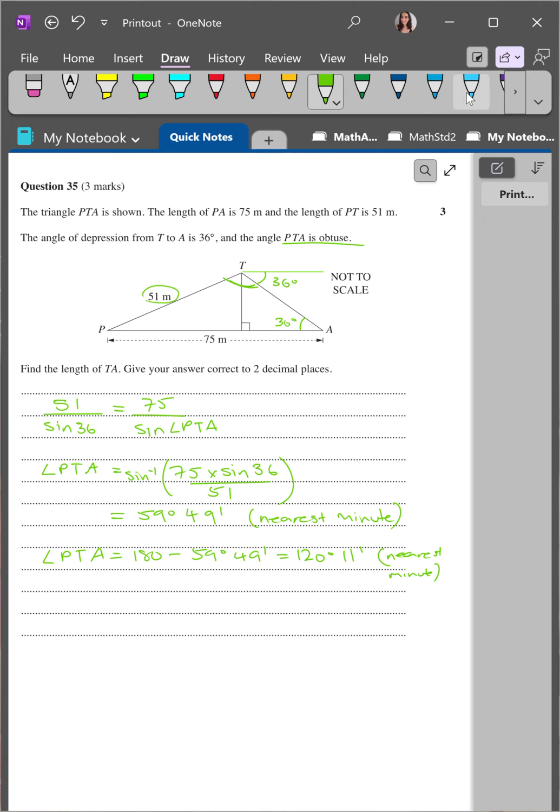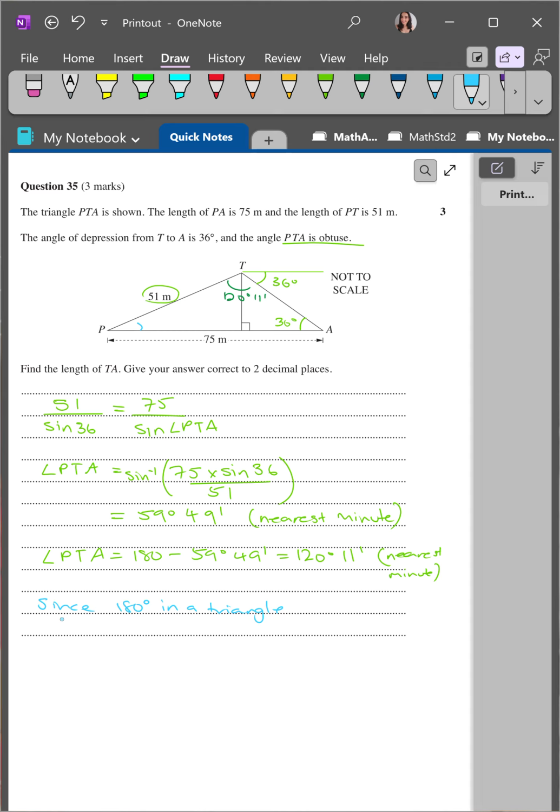Okay, so let's do another color now. That's all we got for this angle up here. So this is 120 degrees 11 minutes. Now, since there are 180 degrees in a triangle, we can find this angle as well, because we know the other two angles, 120 degrees 11 minutes and 36 degrees.